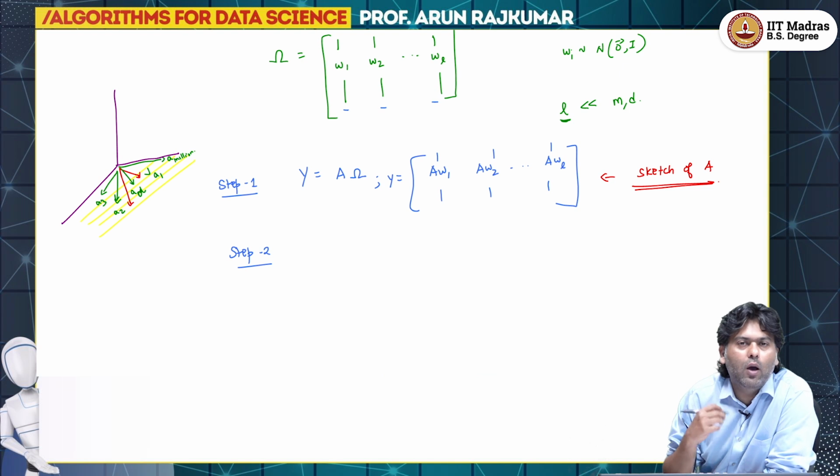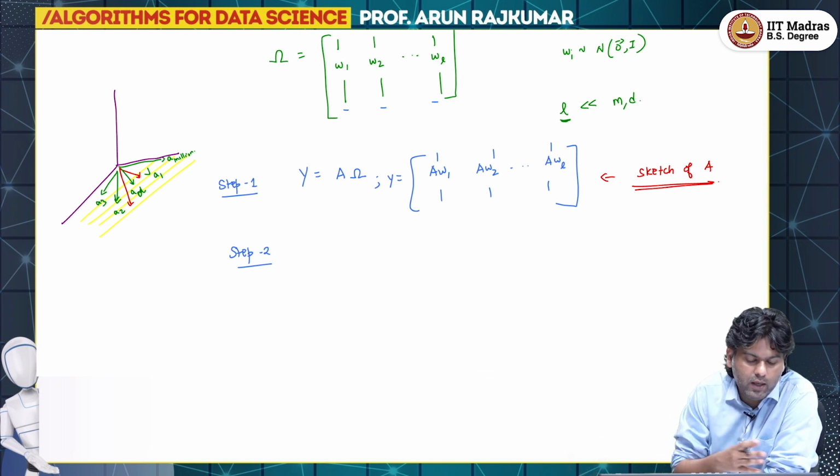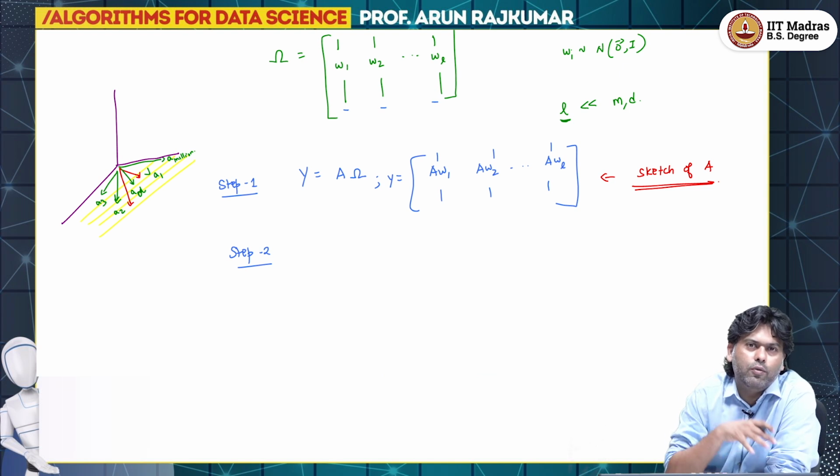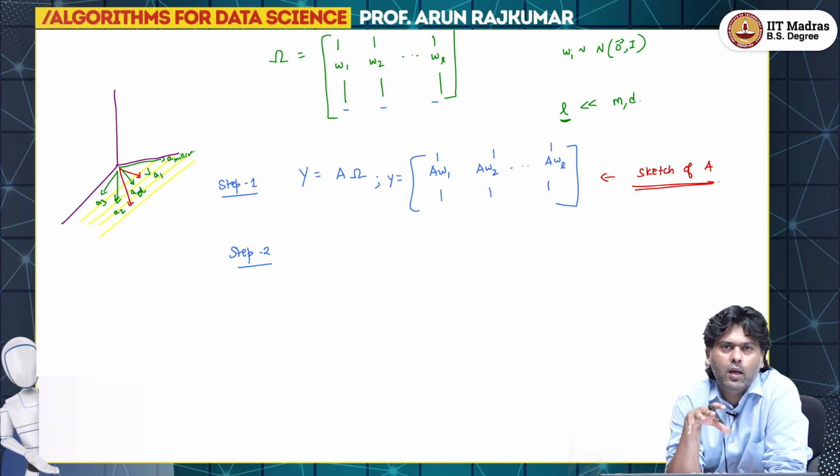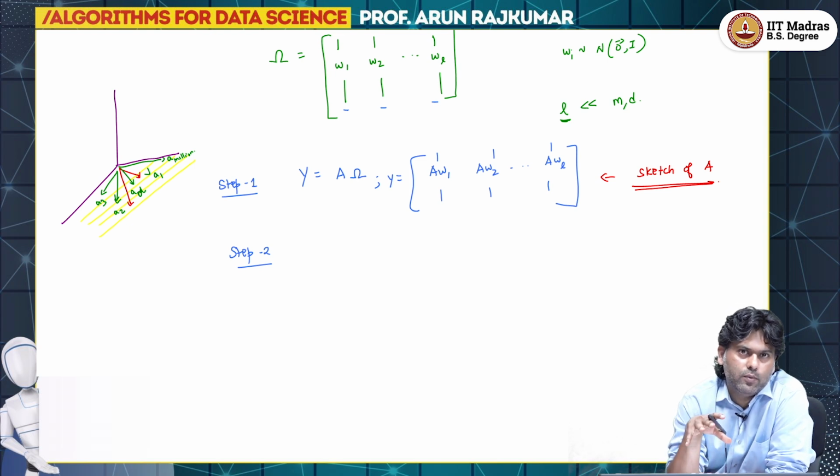So, now how can we find such a basis? Given a set of vectors, I need to find an orthonormal basis to explain this set of vectors.